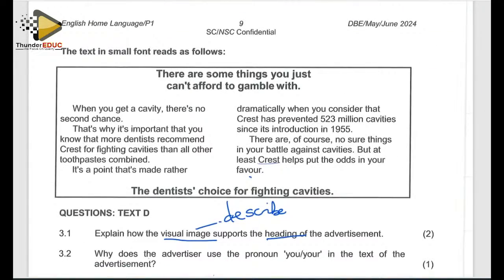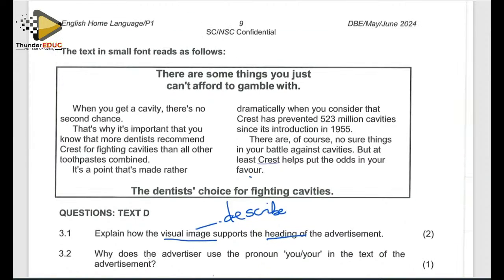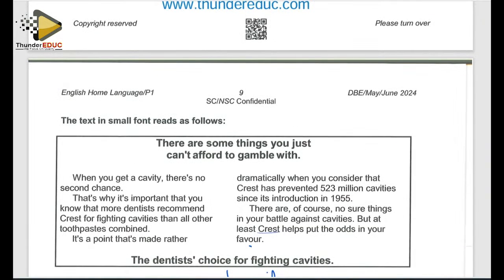the tooth itself. So now how does it support the heading of the advertisement? We are saying a tooth with cavities means that you took a risk, did not take care of your tooth, and as a result, it ended up having the cavities and the holes in them. Therefore, which means you took a gamble with your teeth or your tooth.